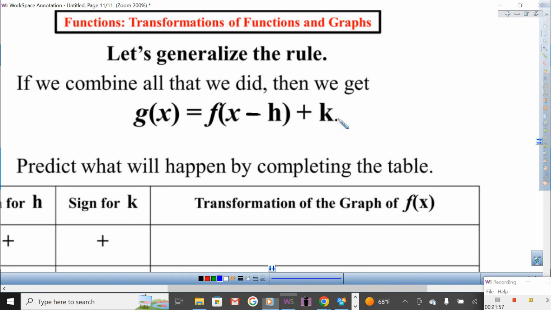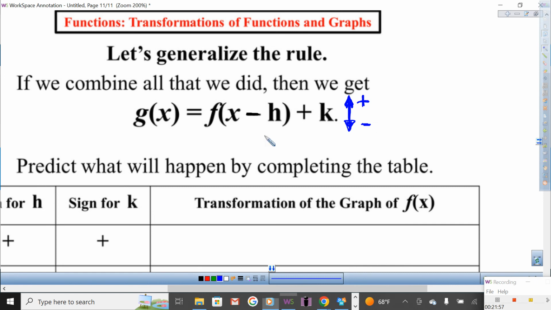K moves our function. Everyone, show your neighbor which direction it moves in. Yeah, up or down. So draw an arrow upward on the side with a little plus sign. If we substitute a positive value in here, it's going to move our function up. Or it's going to go downward if we substitute a negative value for k. All right, that was last week.